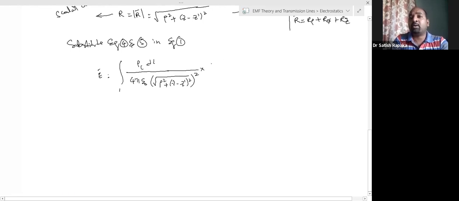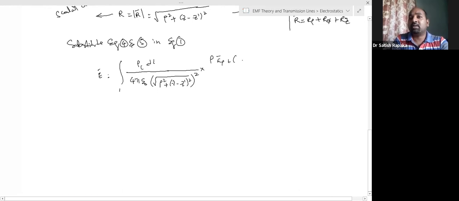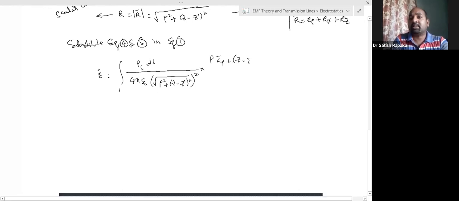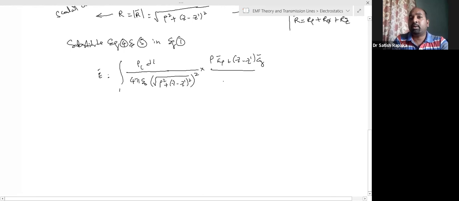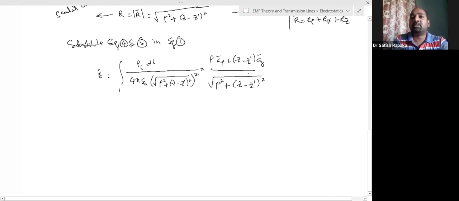So what is a_R bar? a_R bar is rho a_rho bar plus (z minus z dash) a_z bar divided by root over rho square plus (z minus z dash) whole square, right? So this is a_R bar.